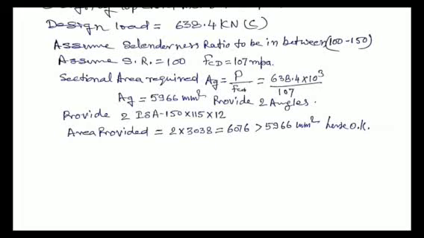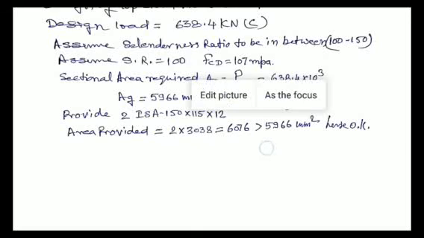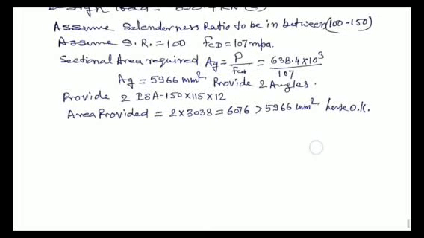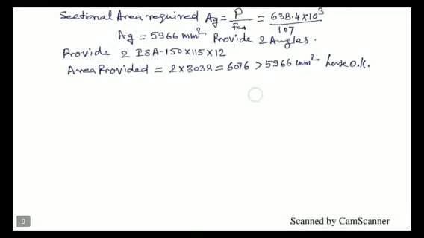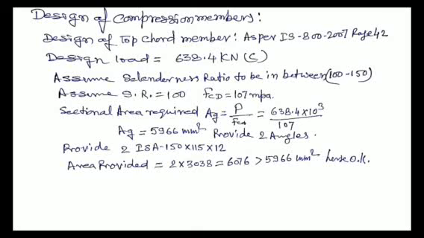So provide two angles of ISA 150 into 115 into 12 mm. The area provided is 2 into 3038, or 6076 mm square, which is more than the area required, 5966. Hence it's okay. So the design of the compressive and tensile members both are completed.